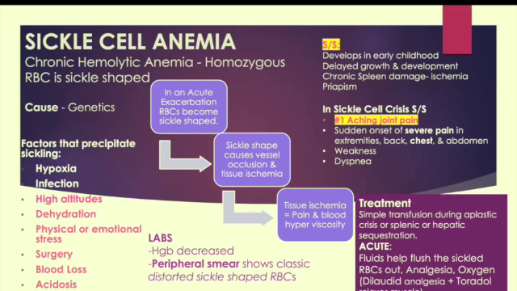When the tissue ischemia occurs because of the sickling shape of the hemoglobin, the patient is in severe pain, and the blood is going to be hyperviscous.